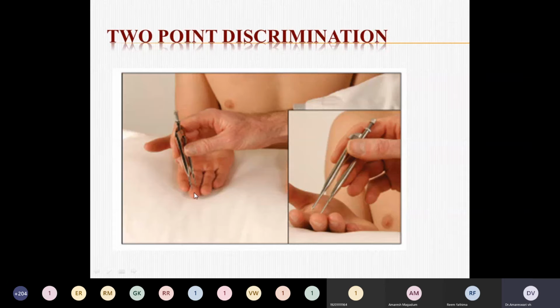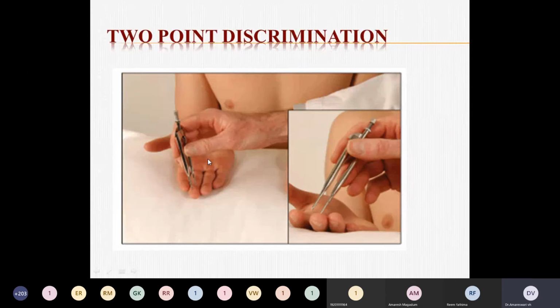The minimum distance between the 2 points is 2 mm for fingertips and 5 mm for palms. On the back of the person, he may need at least 5 to 6 centimeters to identify them as separate points.